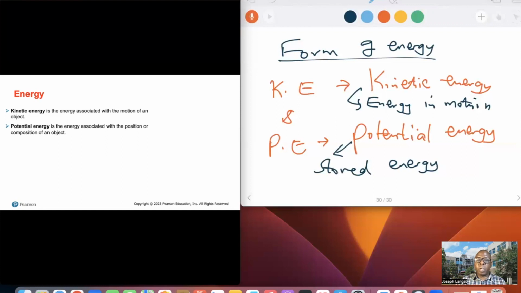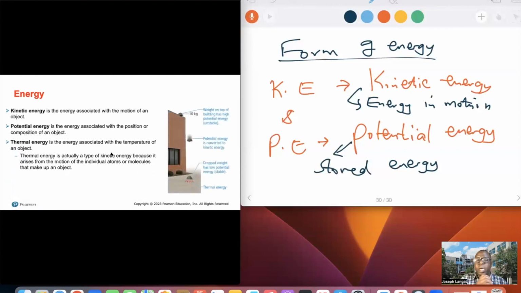Once it hits the floor, the kinetic energy will be converted to thermal energy as the molecules move around. So potential energy can also be by composition. Gasoline, by virtue of its composition, has some energy stored in it. If you break the molecule, energy will be released and it can be converted into other forms of energy.